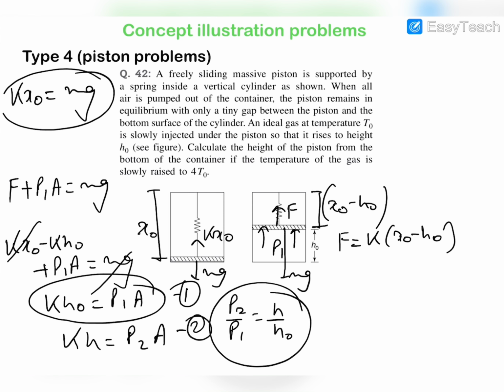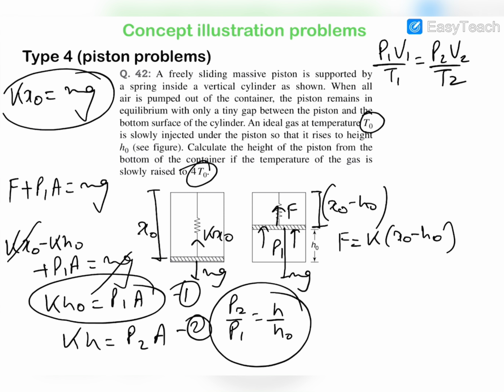The other equation is that the initial temperature of the gas was T0 and the final temperature is 4T0, but the number of moles remains the same. So we are equating P1V1 upon T1 is equal to P2V2 upon T2.